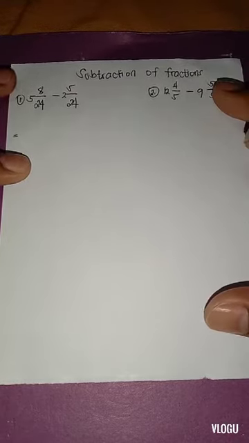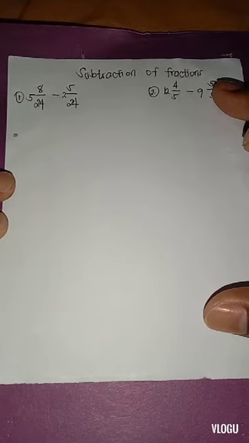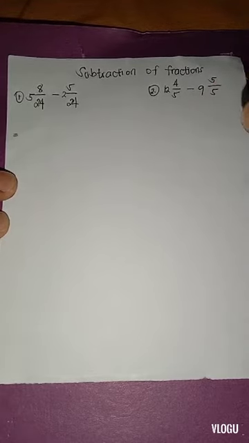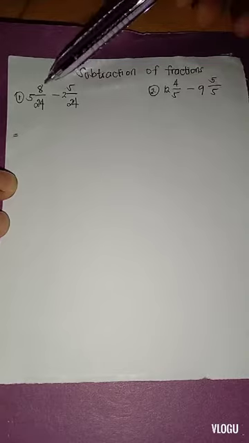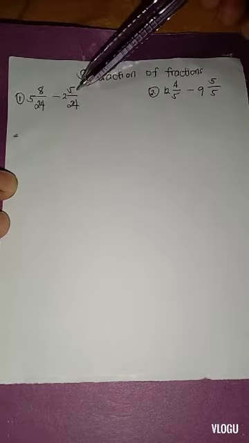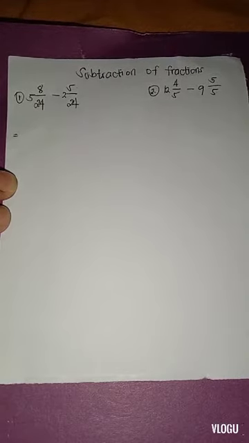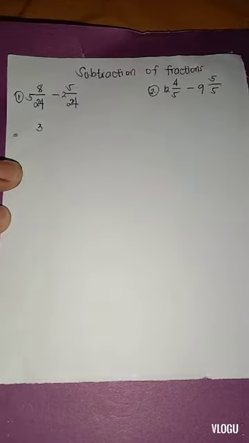So the steps in subtracting this is the normal thing we do in subtraction. First, we will subtract the numerator. So 8 minus 5, we have 3.